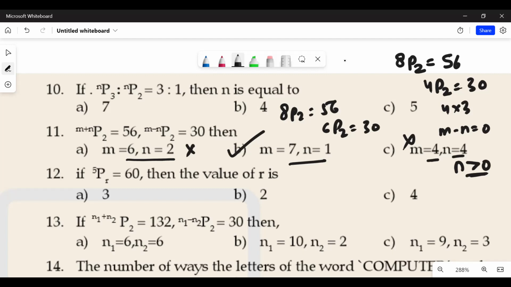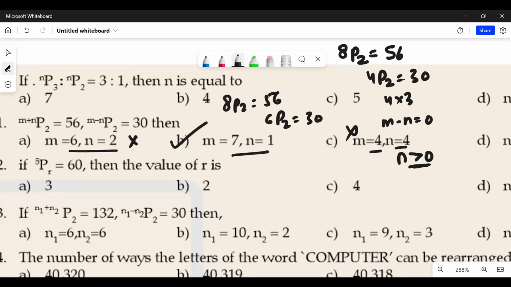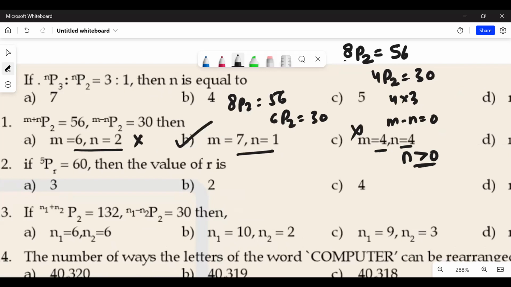Question number 12, use options. What is 5P3? 5 into 4 into 3. Is it 20? Is it 60? 5P2 means 5 into 4. 5P4 means 5 into 4 into 3 into 2.